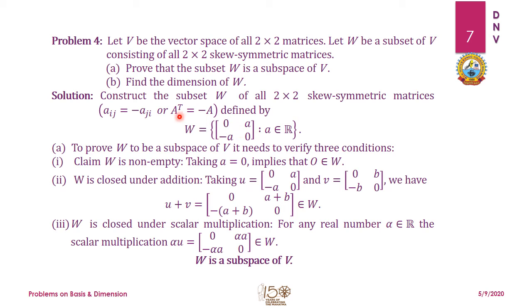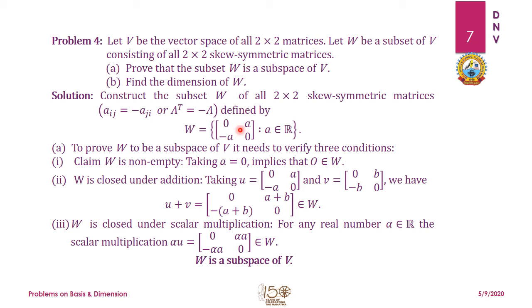And this W we have constructed with the help of this rule: 0, A, minus A, 0, because diagonal elements in any skew symmetric matrix are always 0, because an element can only be equal to its negative if it is 0. So this is the possibility for diagonal elements to be 0, and A12 is equal to negative of A21.